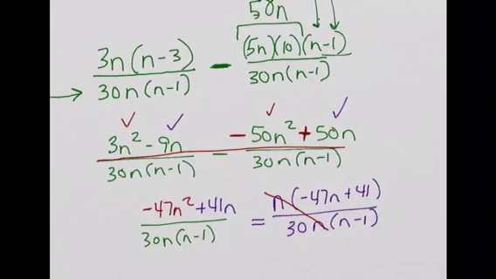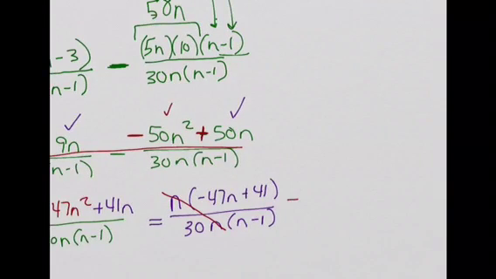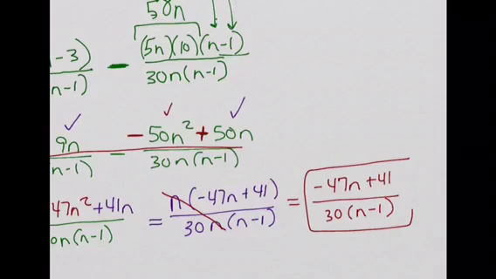So my final answer is going to look like negative 47n plus 41. They have nothing else in common that I could pull out and cancel or reduce. And in the denominator, I get 30 times n minus 1. And that is the answer for this final question.